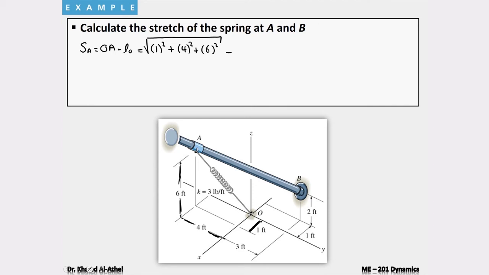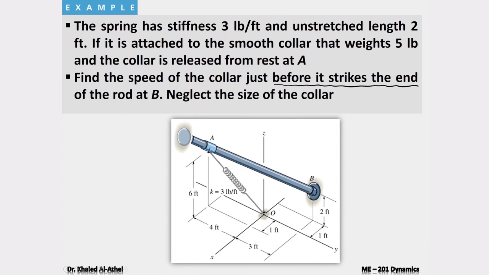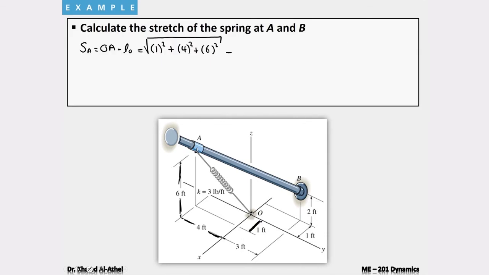Now, if you remember, just go back and read the problem in case you forgot. It says that the spring has an unstretched length of 2 feet. Therefore, it is given to me. And remember, I told you when I was explaining this earlier that the unstretched length could be given to you and not shown in the figure. So in this case, minus 2. This should equal 5.28 feet.